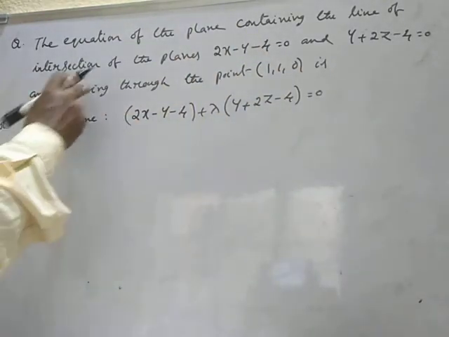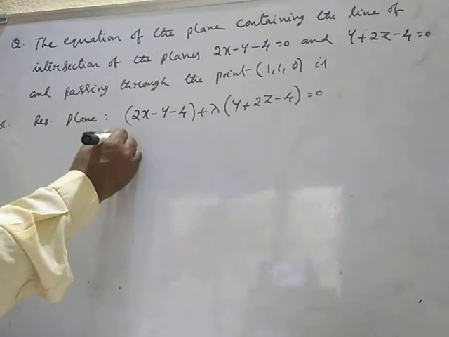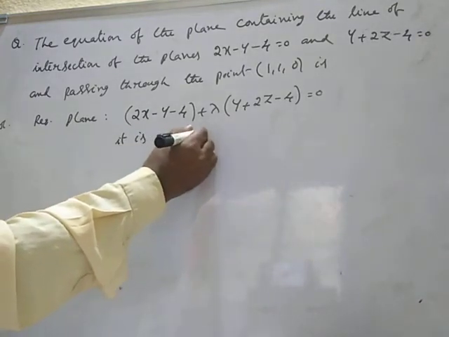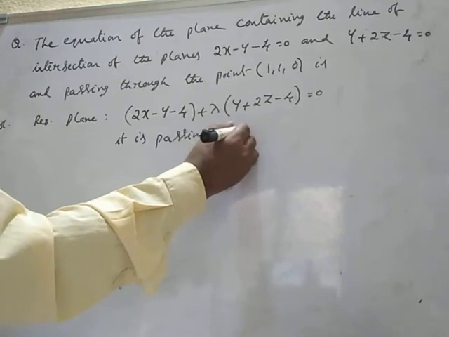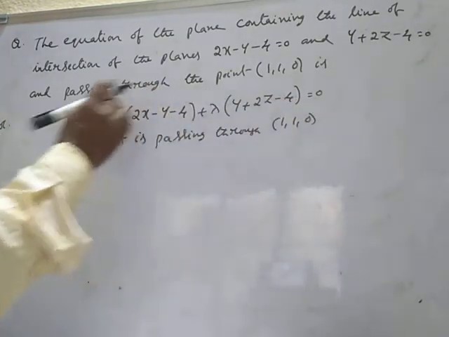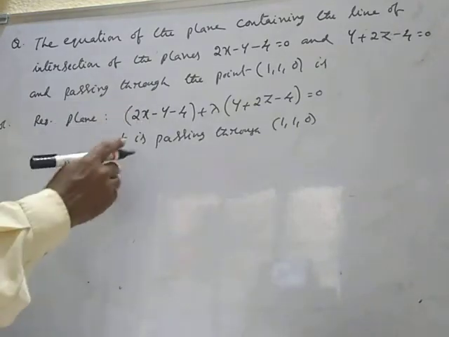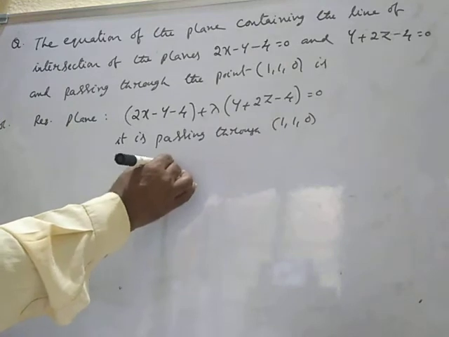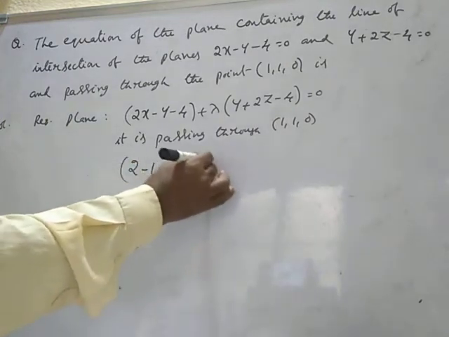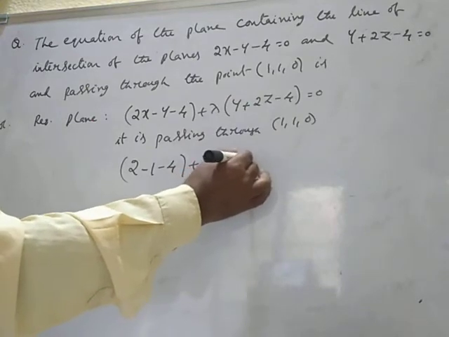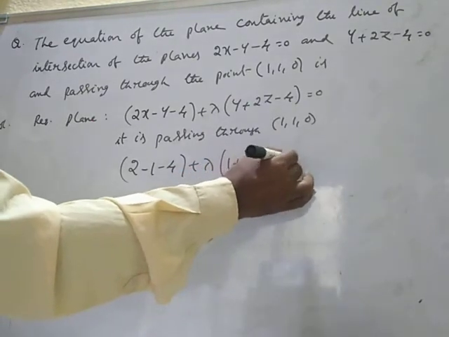Now this plane is passing through the point 1, 1, 0. By substituting, 2 ones are 2 minus 1 minus 4 plus lambda into 1 plus 0 minus 4 is equal to 0.